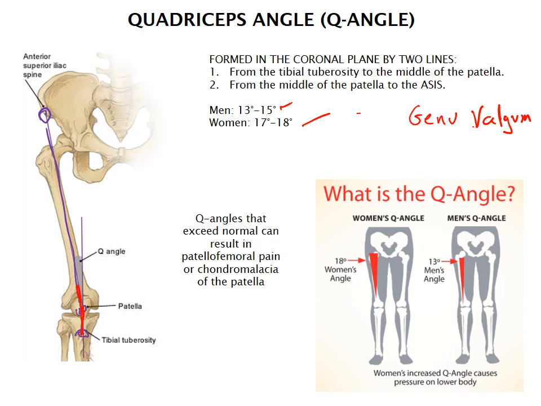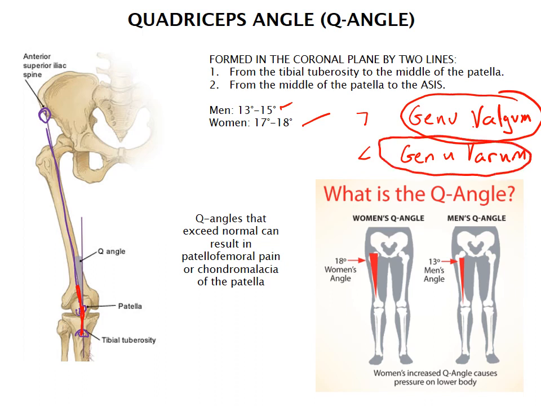So again, greater is genu valgum, and then lesser is genu varum. So this would be called a valgus deformity, and this would be called a varus deformity.